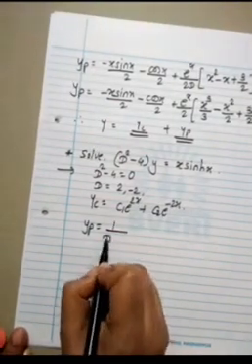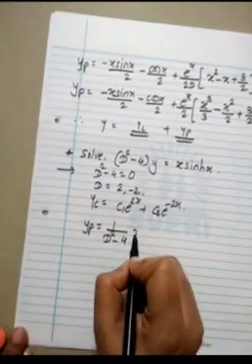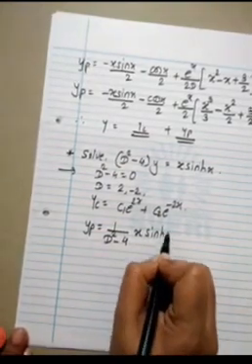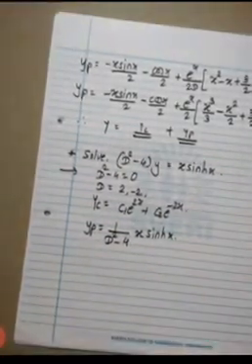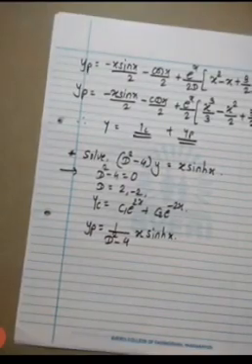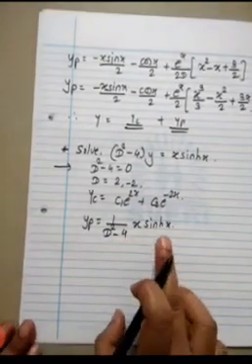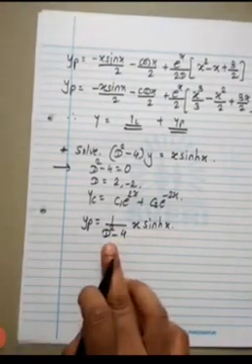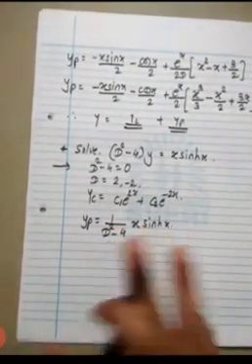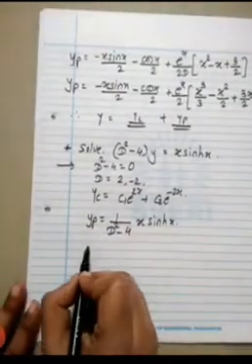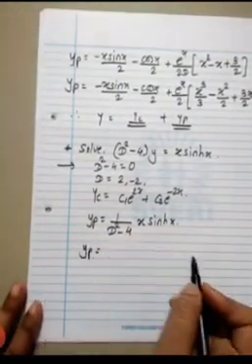Therefore, yp is 1 upon d square minus 4 into x sinh x. Can you just check whether the xv rule is applicable or not? Yes, it is applicable. With x and hyperbolic, d square will be replaced here by 1 only. 1 minus 4 is not 0. Yes, it is applicable, so we'll apply it directly.